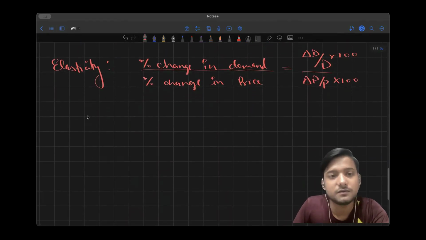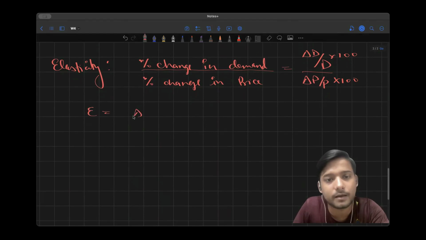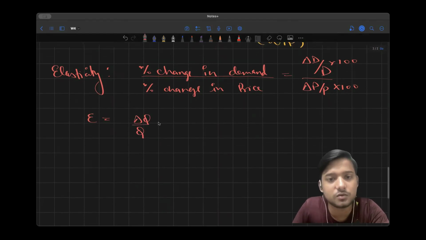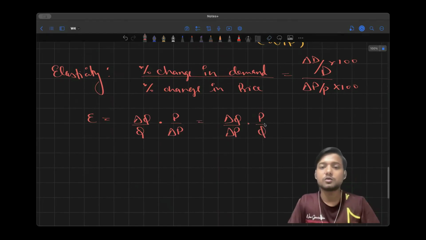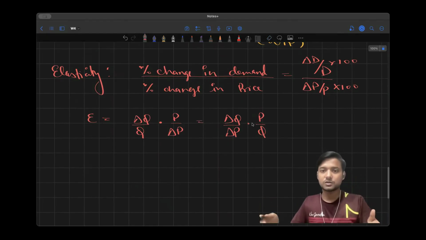One thing which we can see, we have elasticity. The symbol elasticity is equal to delta Q by Q. I am replacing D with Q. This divider becomes P by delta P, right? And if you see, this looks like delta Q by delta P into P by Q, right? So this is what elasticity looks like.